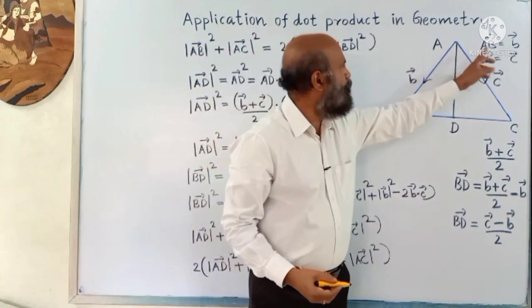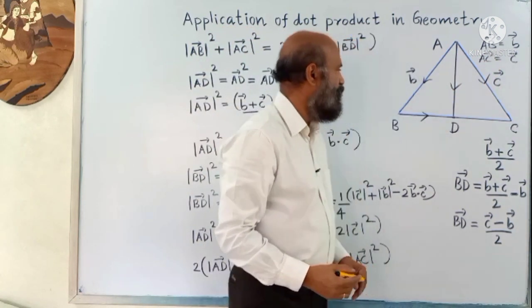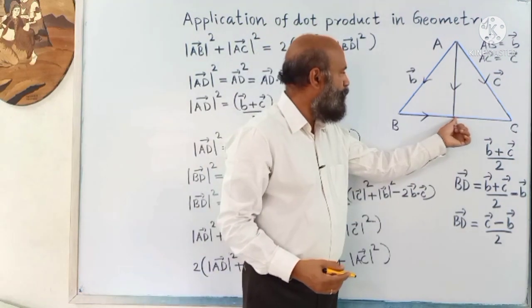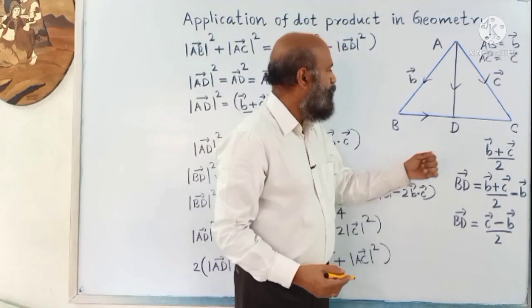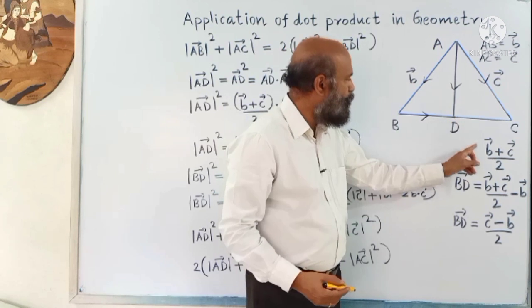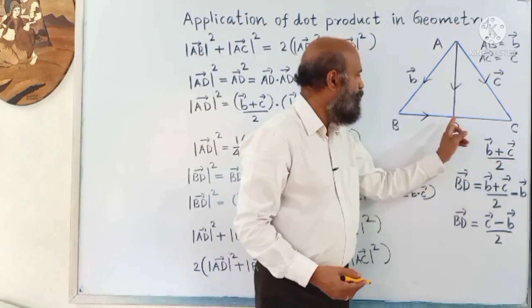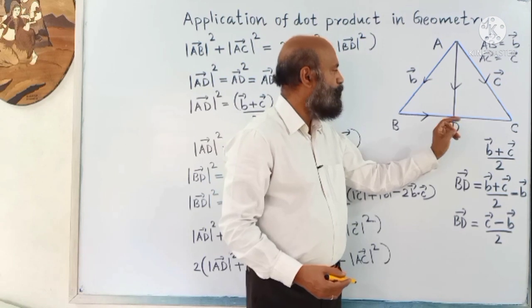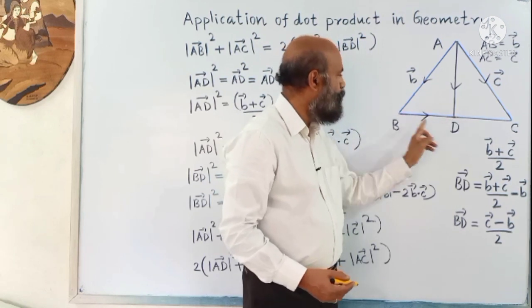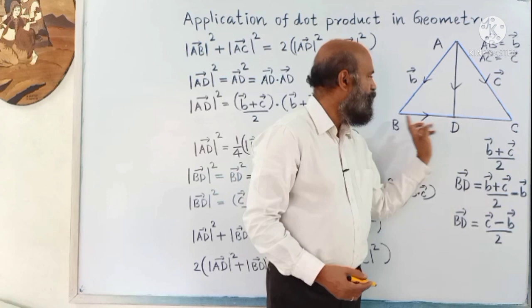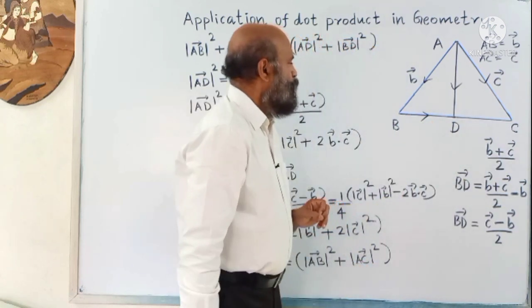AB vector is B, AC vector is C. Since D is the midpoint, we can write the position vector of D as B vector plus C vector divided by 2. Because it's the midpoint, position vector of B is B, position vector of C is C. So add and divide by 2.